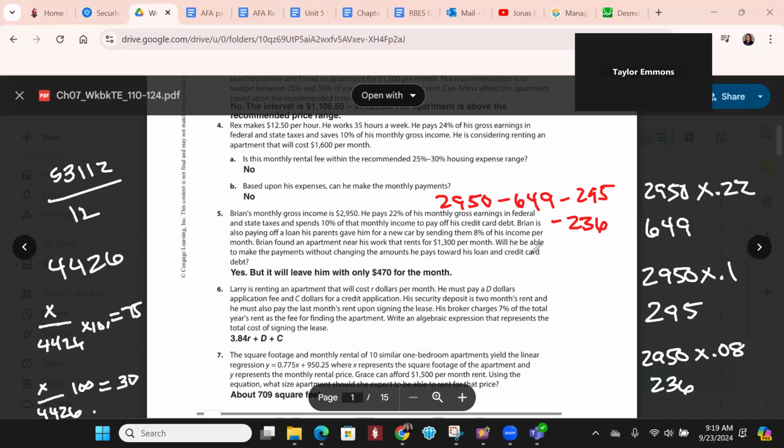And that would give him 1,770. His apartment is $1,300. So if we subtract $1,300, we're going to get 470.